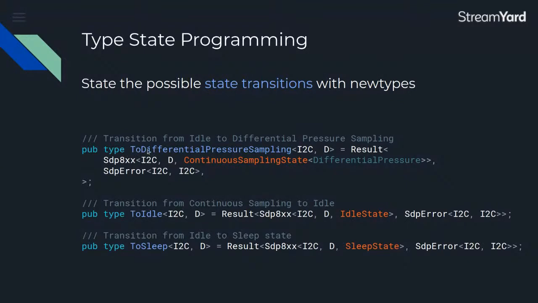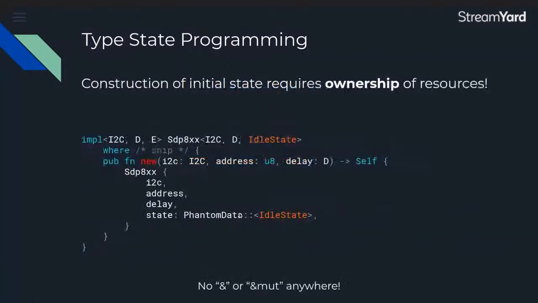So to go to the differential pressure sampling state, we take a continuous sampling state and we return an error, these things. But they are not super important. You could also do it without a type alias. You could just do it with a Result.